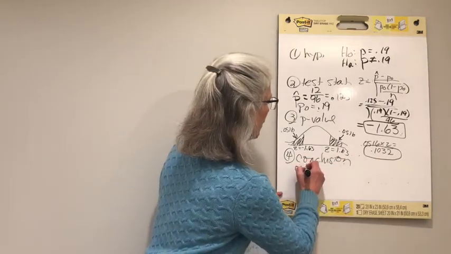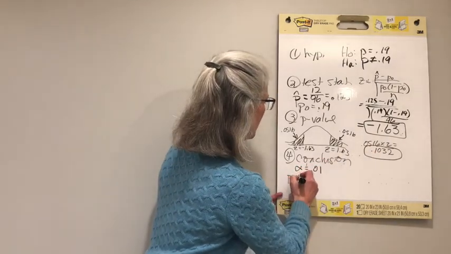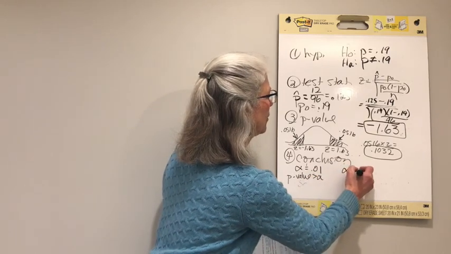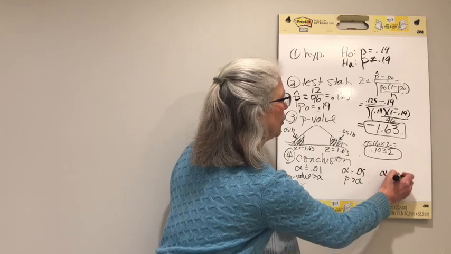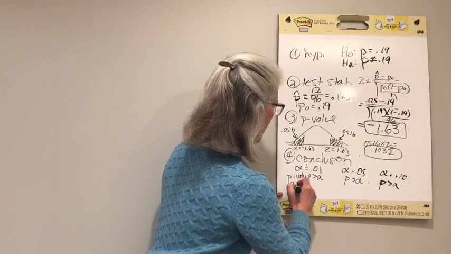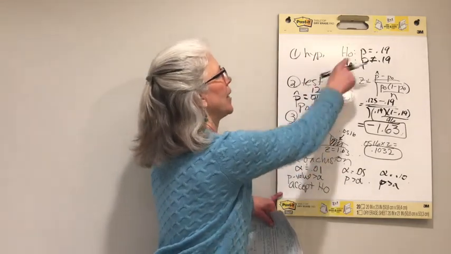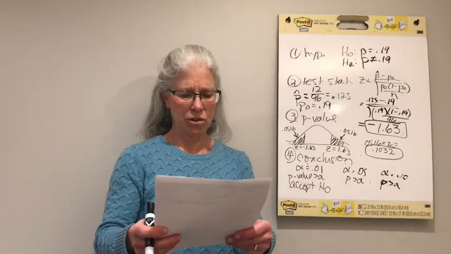So if alpha is 0.01, the p-value is greater than alpha. If alpha is 0.05, p is greater than alpha. If alpha is 0.10, in all these cases, p is greater than alpha. So in all the cases, we would accept the null hypothesis that there are 19% Hispanics among these jurors.